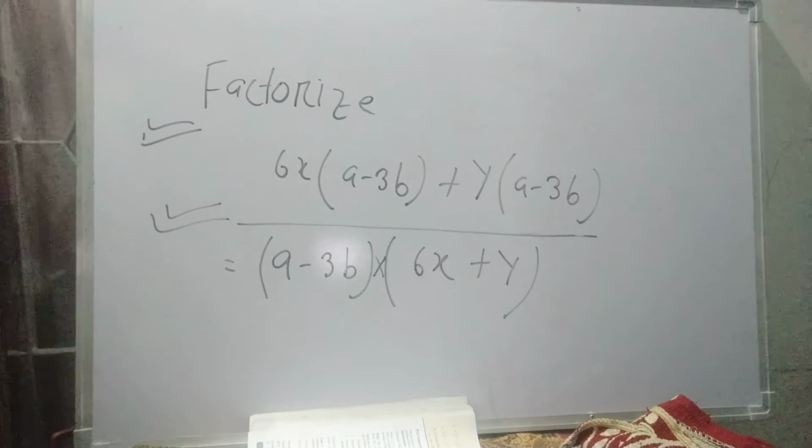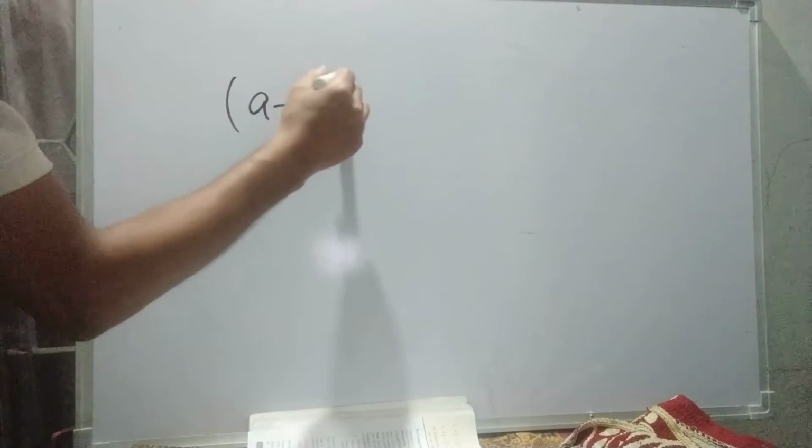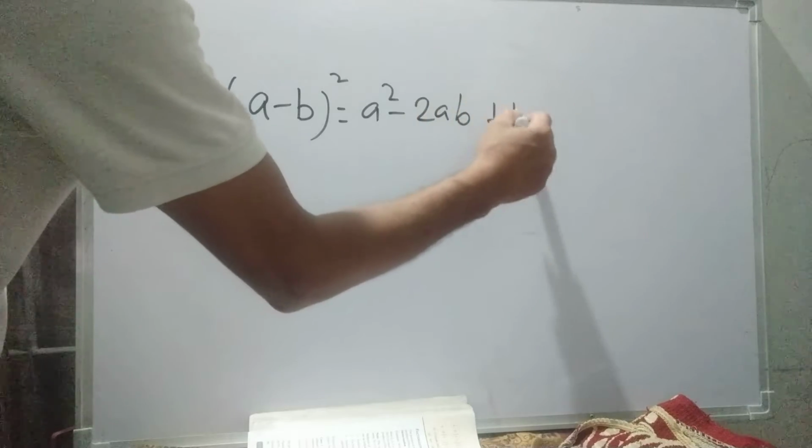Now students, suppose we are asked to factorize some expressions using identities. So let us recall the identities. We had already discussed three identities. The first: a minus b whole square is a square minus twice ab plus b square.